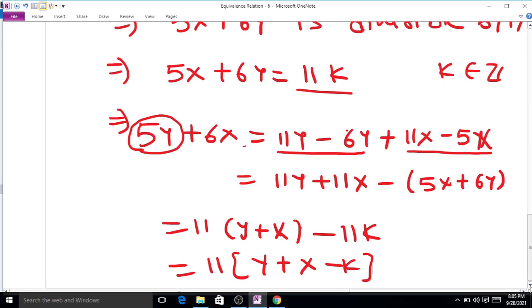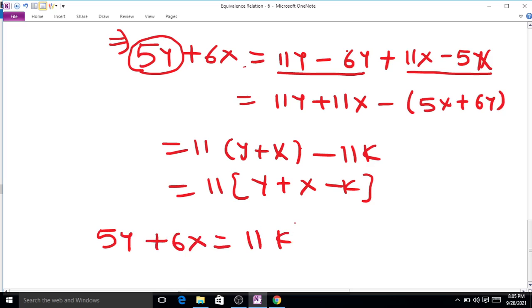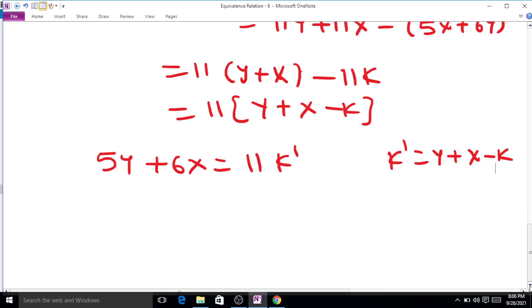and therefore 5y plus 6x is equal to 11 times k', where k' is equal to y plus x minus k, which is also an integer.